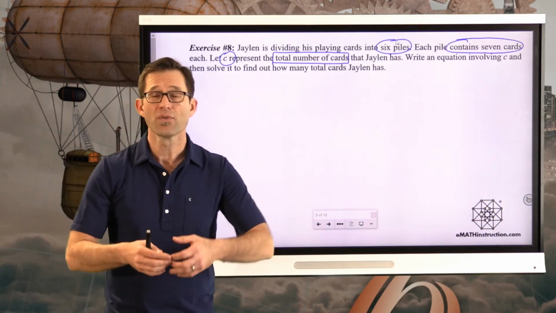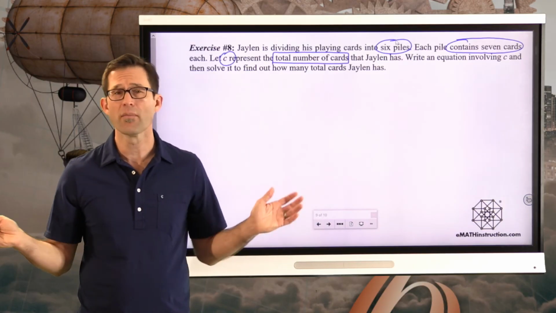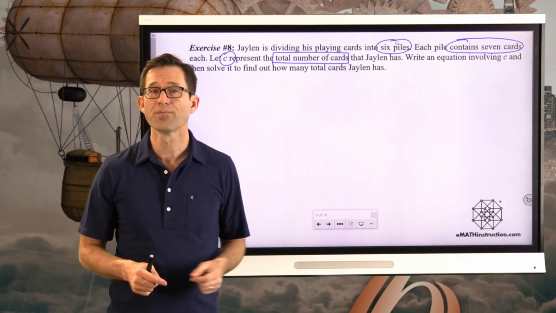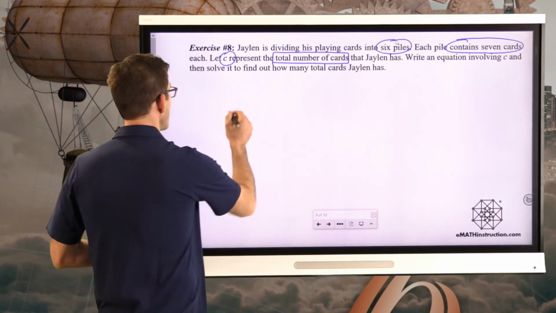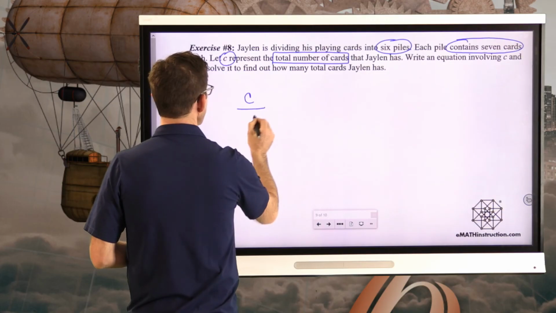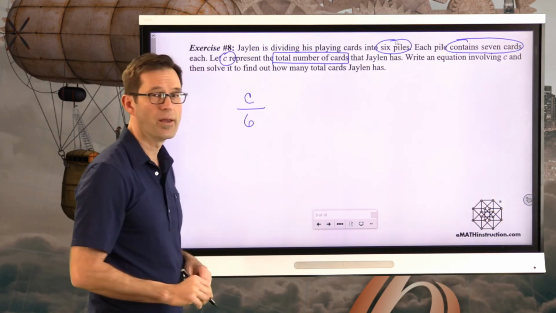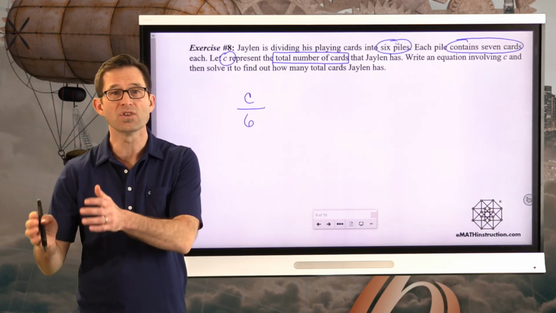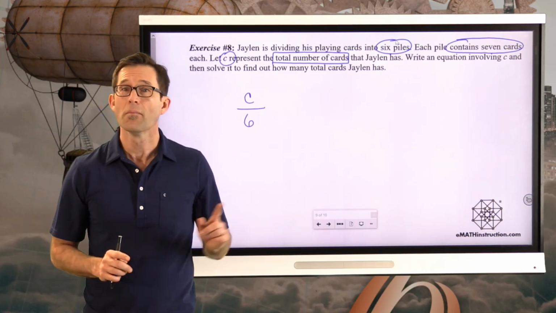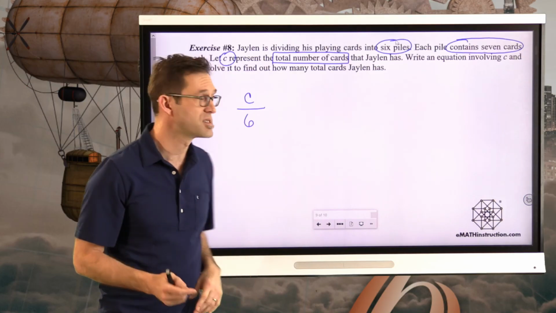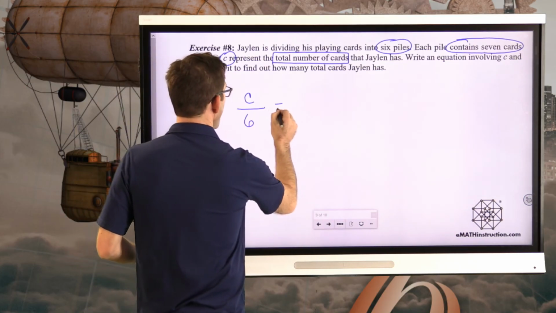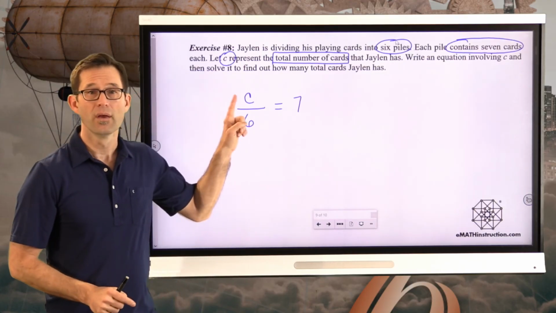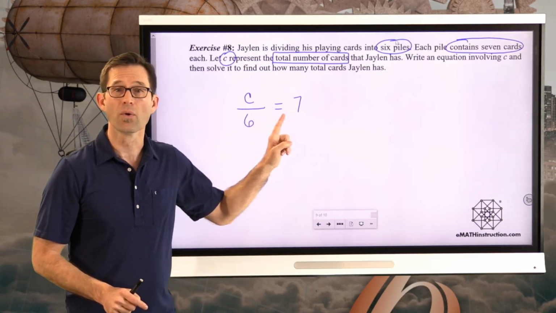If I took the total number of cards, however many it was, and I divided them up into 6 piles, I would show that division as follows: I'd take the total number and divide by 6, and that would tell me how many cards are in each pile. But we're told that each pile contains 7 cards. So I'd have to get this: the total number of cards divided by 6 equals 7.